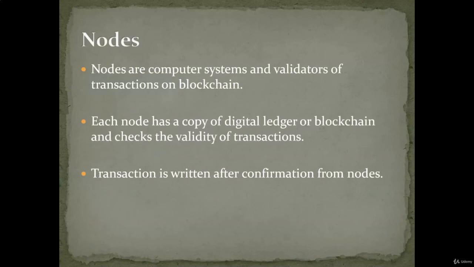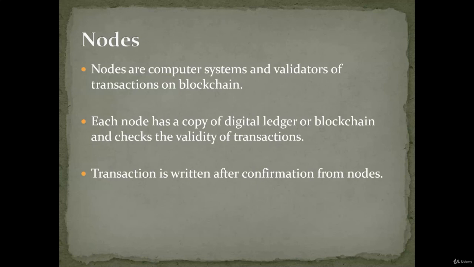So let's get started with nodes. In blockchain, nodes are computer systems and validators of transactions on the blockchain. Each node has a copy of the digital ledger or blockchain and checks the validity of transactions. It means the whole blockchain is shared with every node on the blockchain.